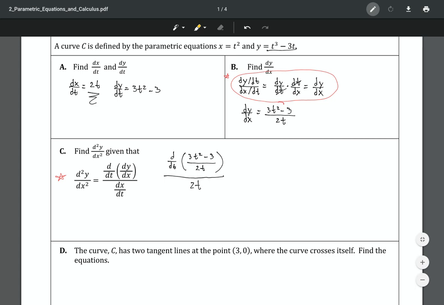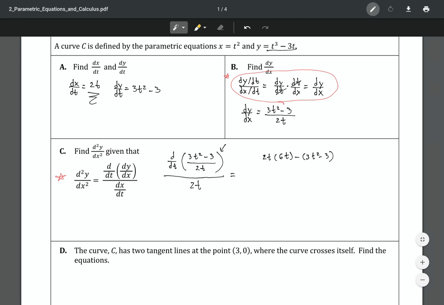Before I simplify, I'm going to have to take the derivative with respect to t of this function right here. To take the derivative of that, I need the quotient rule. So I have the low times the derivative of the high minus the high times the derivative of the low.